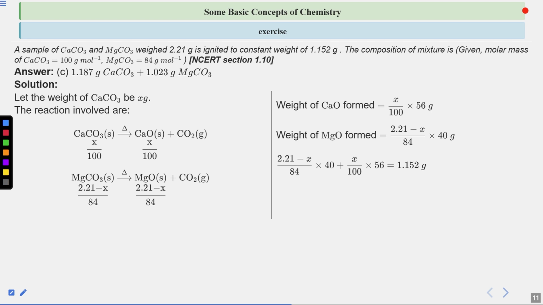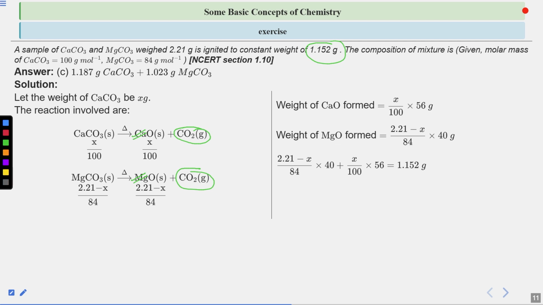It is given in the question that after this reaction is completed, we have 1.152 grams of product. Now, you don't have to include the carbon dioxide, as it is a gas and it will escape the reaction mixture. We will be left with only the mixture of calcium oxide and magnesium oxide.